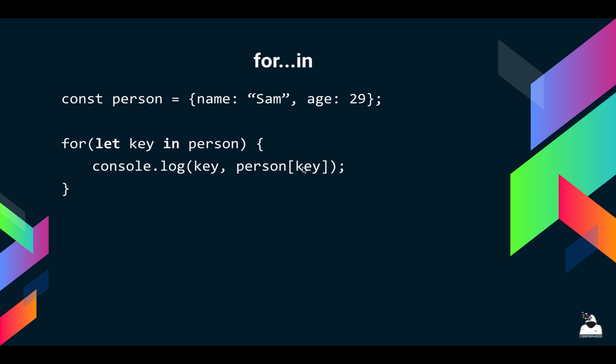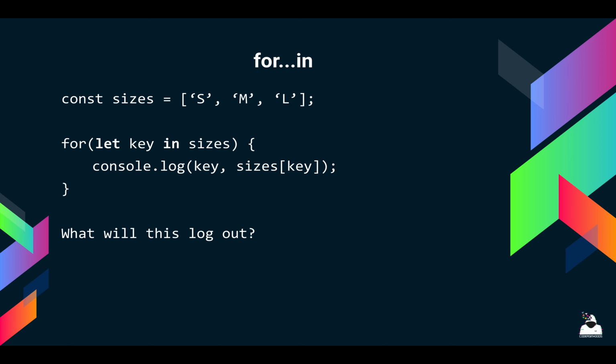And Daniel, that's a hint to how you could tackle that exercise. With square brackets, we're dynamically accessing a value based on whatever that key is. So we're going to log out name, Sam, age, 29. And hopefully there's an array. Yes, there is. We've got one array with 3 elements in it: sizes, for key in sizes.